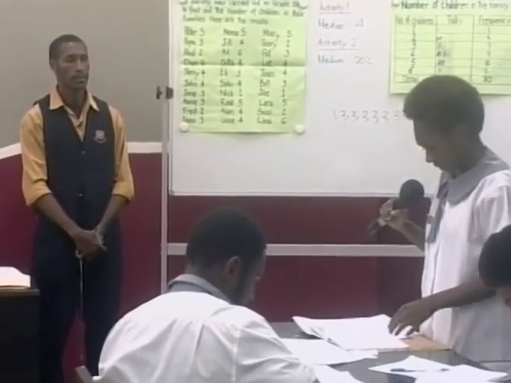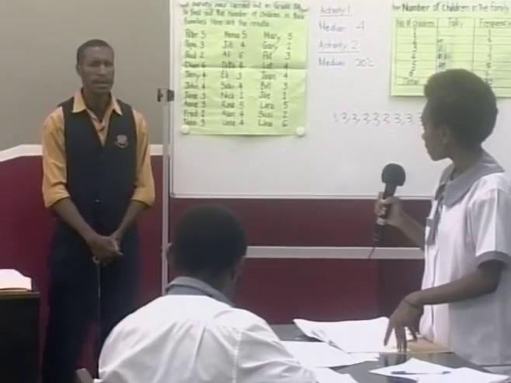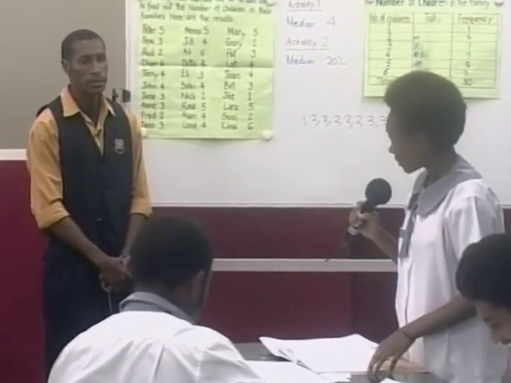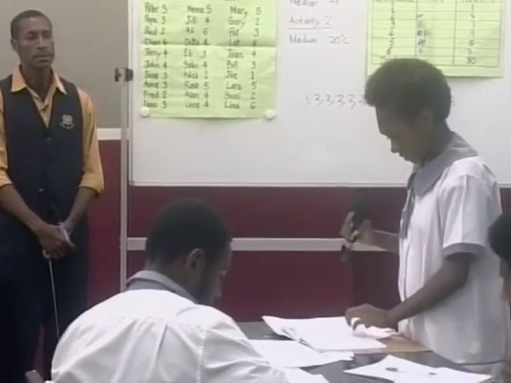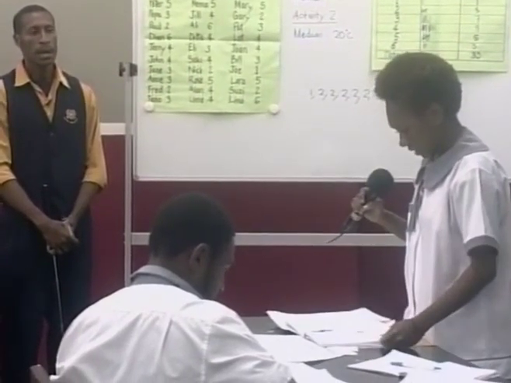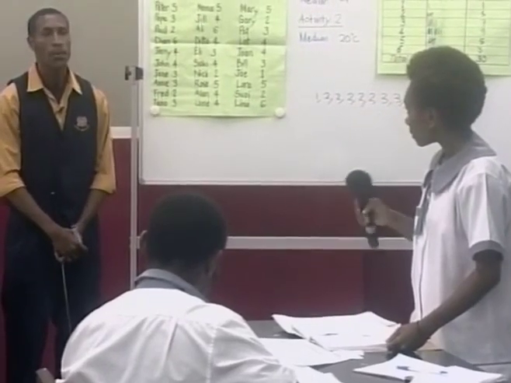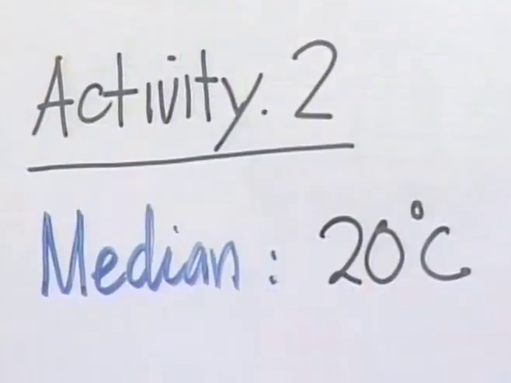It was the number in the middle of the scores. You sure there were an even number of scores or an odd number of scores? I mean, the odd number. Odd number of scores. How many middle scores did you come up with? Only one. So the median is 20 degrees Celsius.